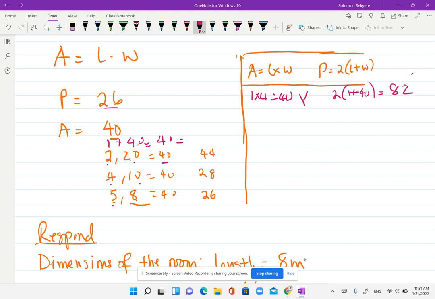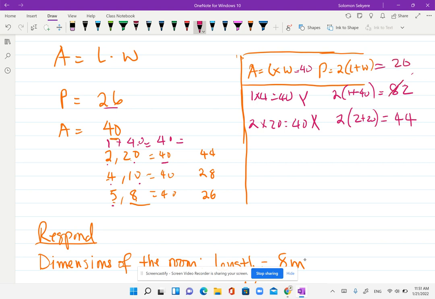What about here? 2 times 20 equals 40. And then the perimeter is, if we add 2 to the 20, which is 22, and multiply by 2, what do we get? We get 44. You see what I'm doing? So that's not it, because this should be 40 and this should be 26.